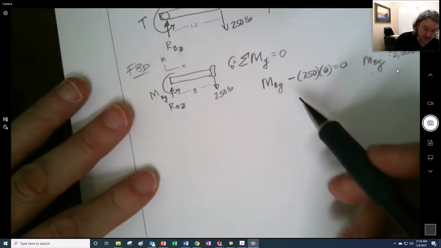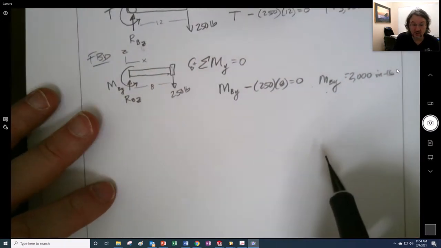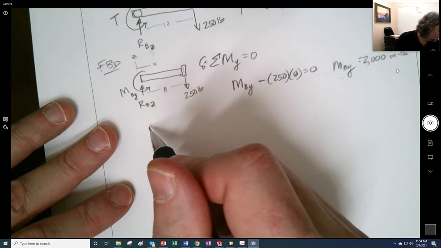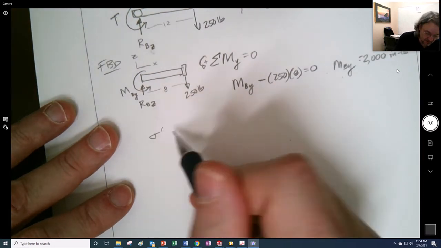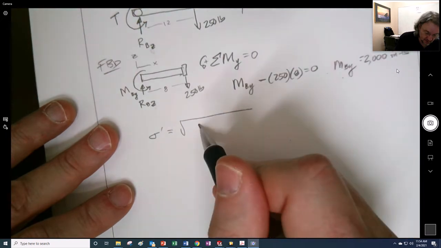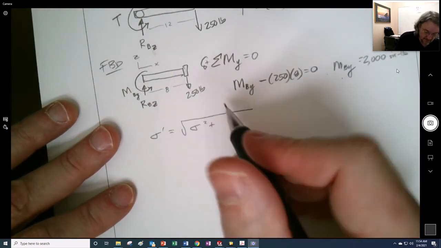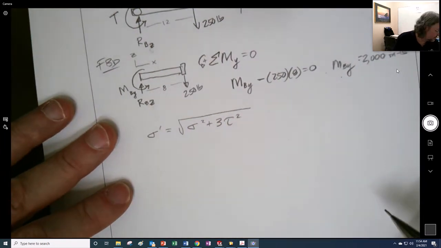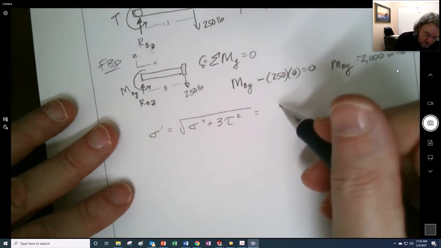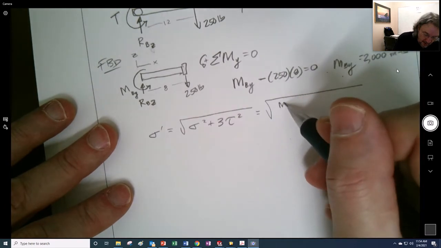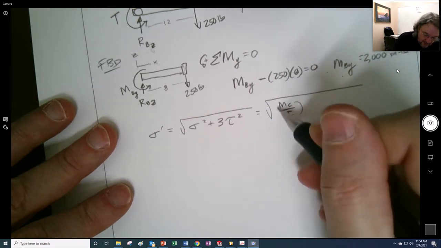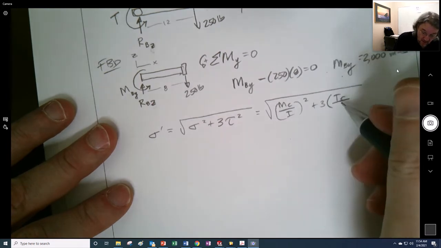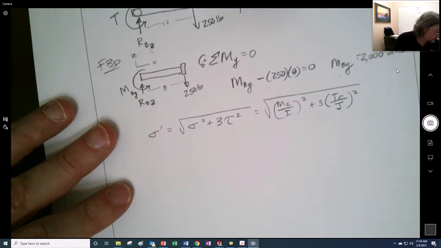The thing is, so the stress that we're going to have as part of this, right? We're going to use von Mises stress, which you'll recall is the square root of sigma squared plus 3 tau squared. So let's write out MC over I squared plus 3 times TR over J squared.